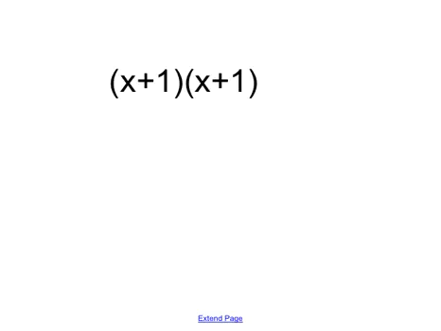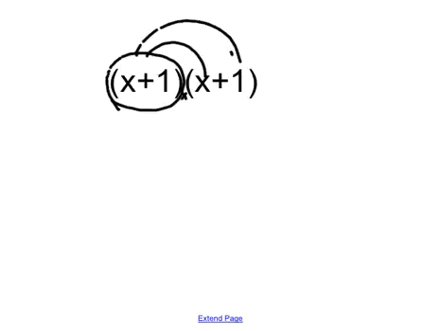Now, what happens when I have this? This is not that different than what we have just looked at. Again, there's a little multiplication sign between these brackets, but now I'm multiplying this whole thing times that and times that.